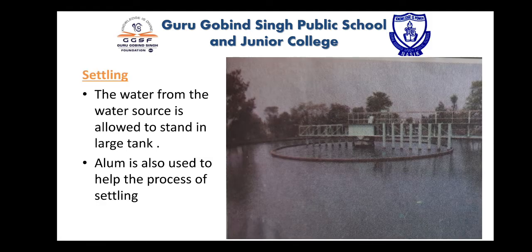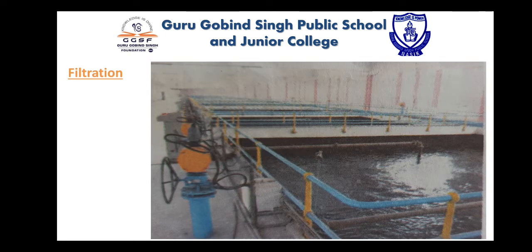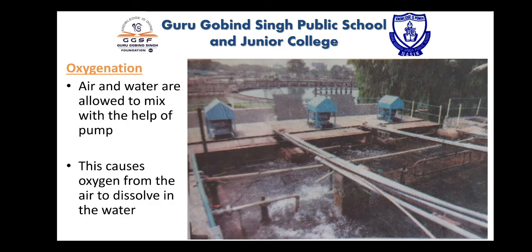First process is settling. The water from the water source is allowed to stand in a large tank. Alum is also used to help the process of settling. Next one is filtration. Water is filtered using a filtration machine. The next one is oxygenation.